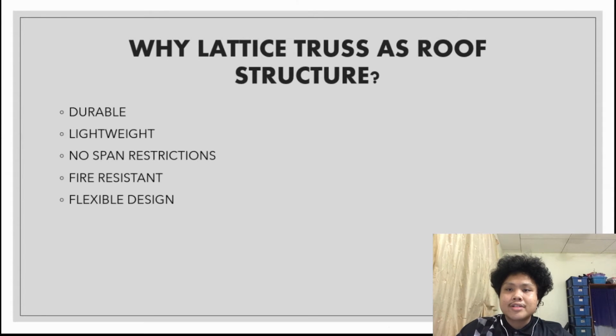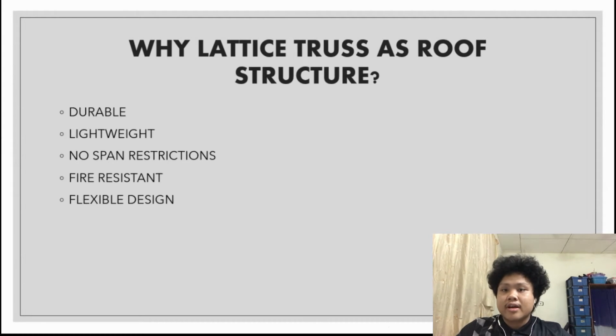So, why do I choose lattice truss as a roof structure? It is because a long span roof can create flexible, column-free internal space and can reduce substructure cost and construction time. They are commonly found in a wide range of building types such as factories, warehouses, agricultural buildings, hangars, large shops, public halls, gymnasiums, and arenas.